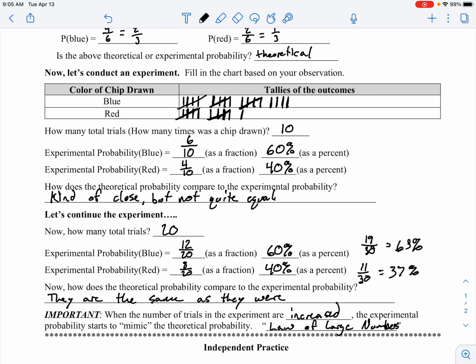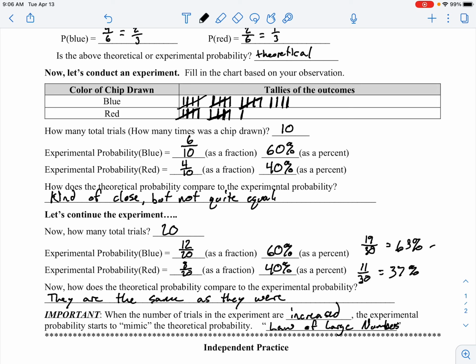So we can see how we're starting to inch our way a little bit closer to our theoretical probability. So that's the law of large numbers in action. We're starting to see it happen. We're not going to get there right away, but as we keep doing more and more trials, those numbers will start to shift to where they should be.